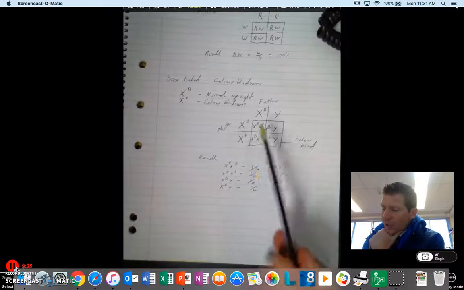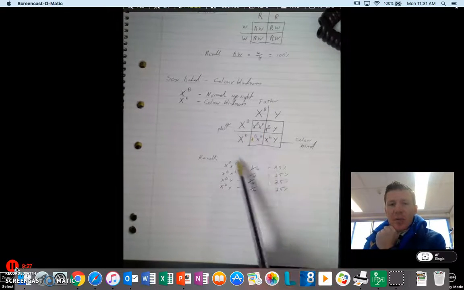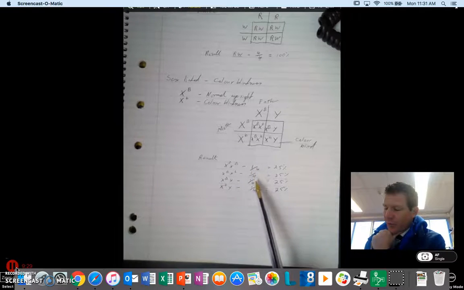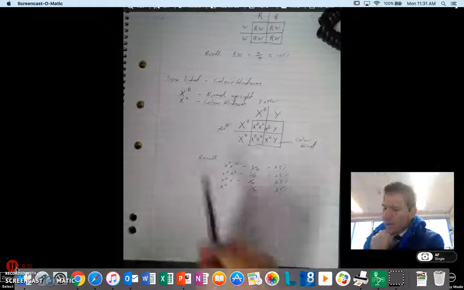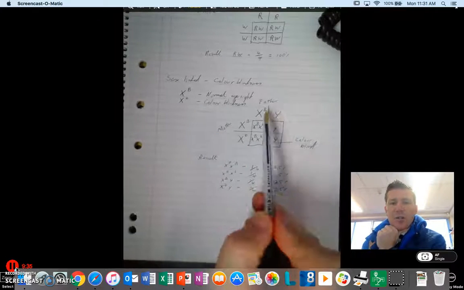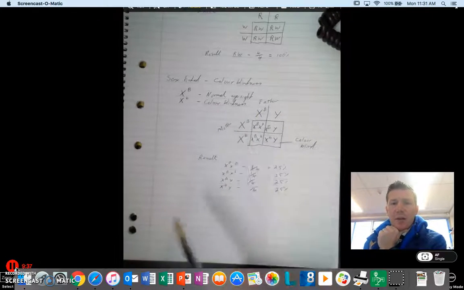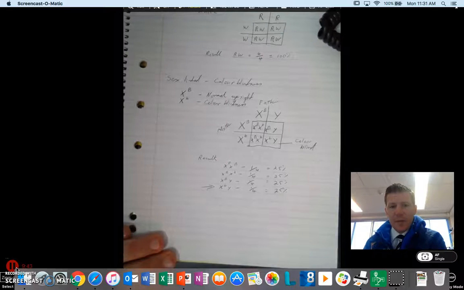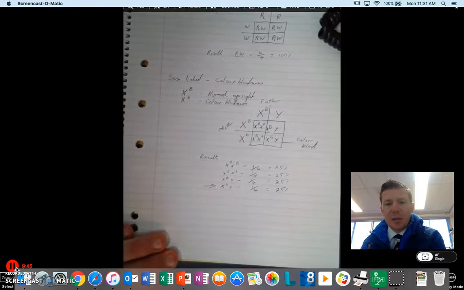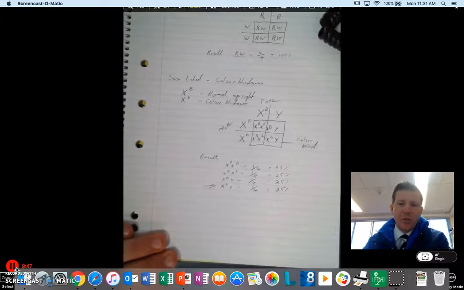As you can see down here, I've taken my results and calculated the fraction, the chances, and also the percentage. If the question is, what is the chance of this father and mother having a child who is colorblind, well, that's the only one there. They have a 25% chance of having a male child who is colorblind.